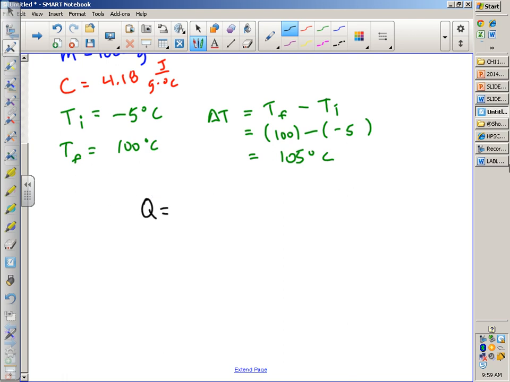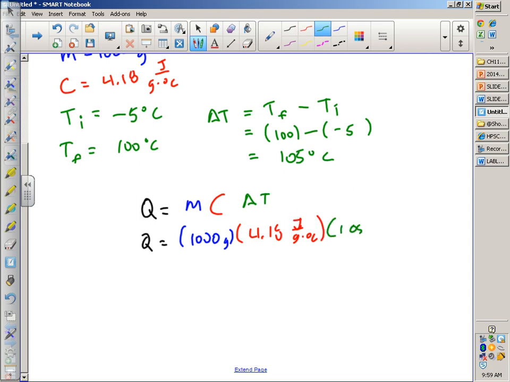Q is equal to M times C times delta T, right? That means Q is equal to 1,000 grams times 4.18 joules per gram per degree C, times the change in temperature, which is 105 degrees C, right?